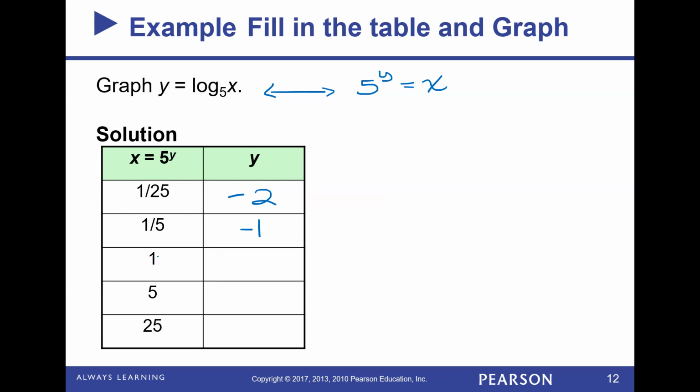Okay. 5 to the first power is 5. So that's going to be first, that number 1 there. And then 5 squared is 25. So that tells me 2 has got to go there. Now, what always gives me back 1 is when I have an exponent of 0.